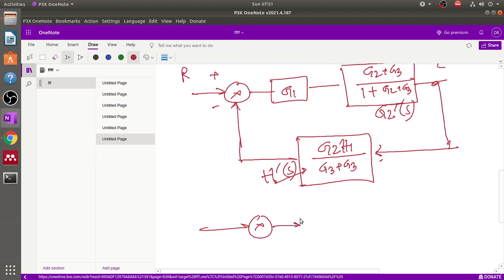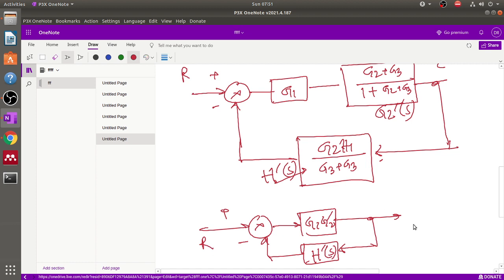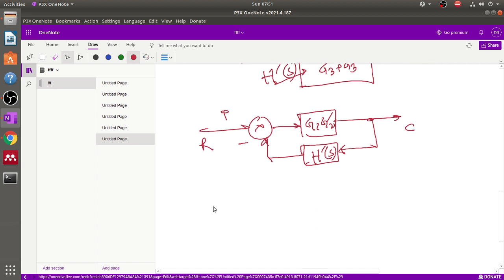The block diagram looks like this: G1 G2 dash, because these are in series, as you already know, and this is a block of H(s), meaning the feedback system. Now here positive and negative, this is R and this is C. So now last one, what is the feedback? What is one unity gain feedback? Yes, right, this is G1 G2 dash over 1 plus G1 G2 dash into H dash.